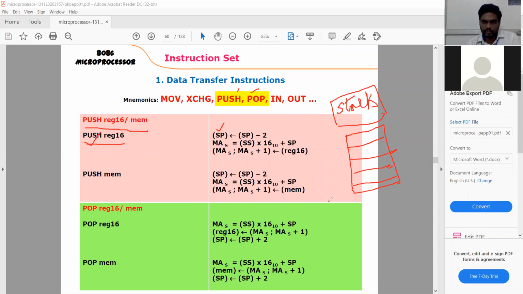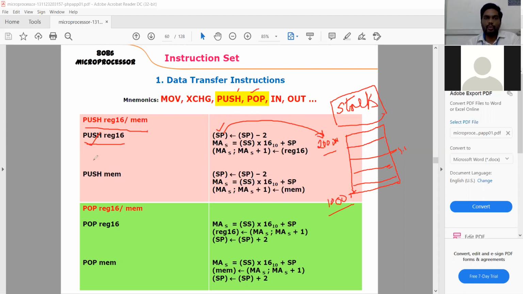Suppose, let us say, this is 1000H and this is 2000H. This is a stack segment, for example. This is the starting address and this is the ending address. The stack pointer always holds the top address.